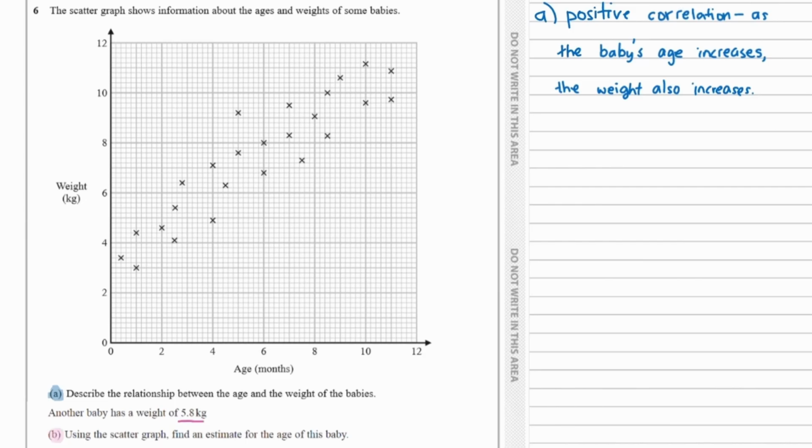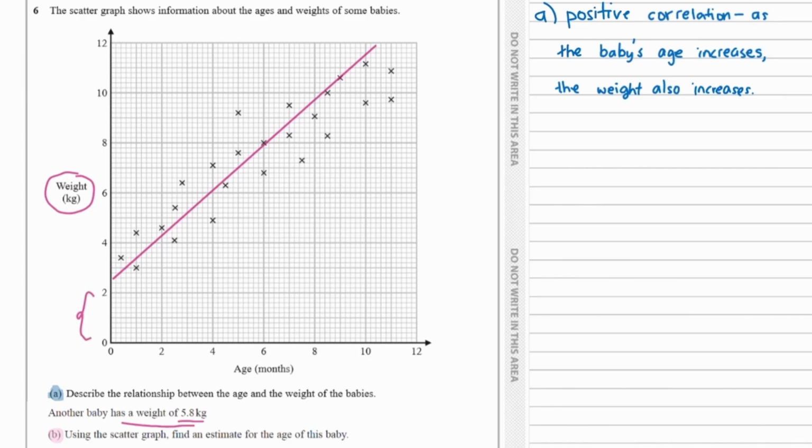So for part B, it says using the scatter graph, find an estimate for the age of this baby. Whenever we're using our scatter graph to find any estimate, we first have to draw a line of best fit. So we could draw our line of best fit there, and because we're looking at where the weight is 5.8, that means we're looking at the y-axis and finding 5.8 there.